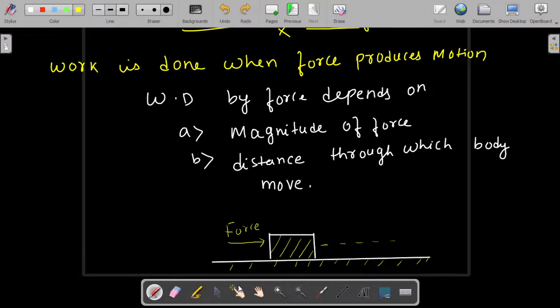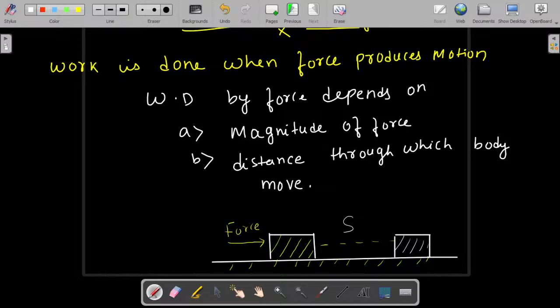after some time, then its position changes. Now it's the final position. So here there is some displacement.